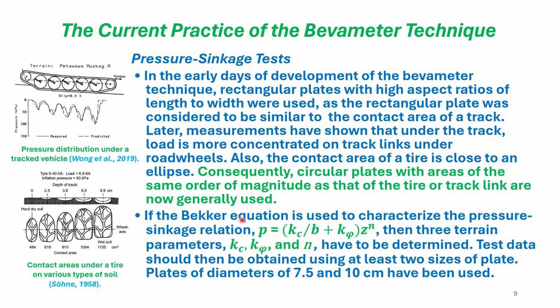If the Bekker equation is used to characterize the pressure sinkage relationship, that is, p, the pressure, is equal to Kc, a terrain parameter, over b, the radius of a circular contact area, plus K phi, another terrain parameter, multiplied by z, the sinkage, raised to the power of n. Then 3 terrain parameters, Kc, K phi, and n, have to be determined.